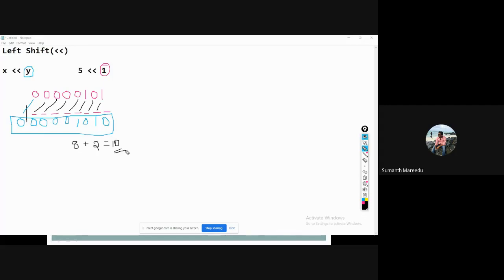So convert it into decimal. So this bit will represent 2 and this bit will represent 8. So 8 plus 2, 10. That means 5 left shift by 1, the result is 10.